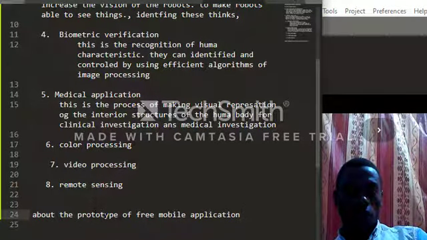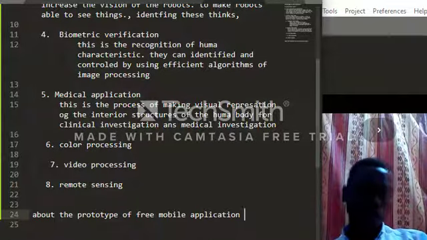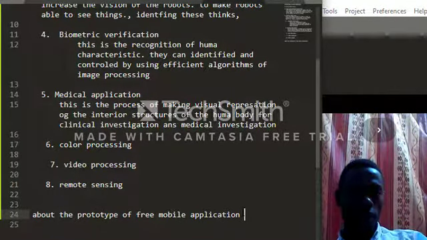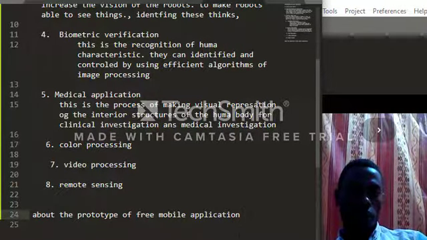I'll discuss this prototype or demonstration of this application that can be used by all farmers in different places to take images or videos that can be analyzed using this application. And this application is to use image processing technique.